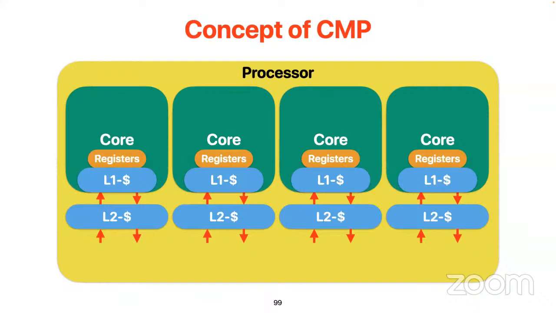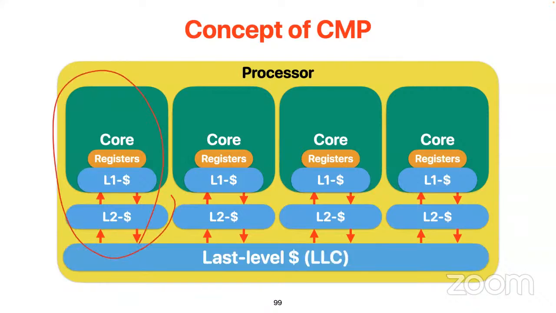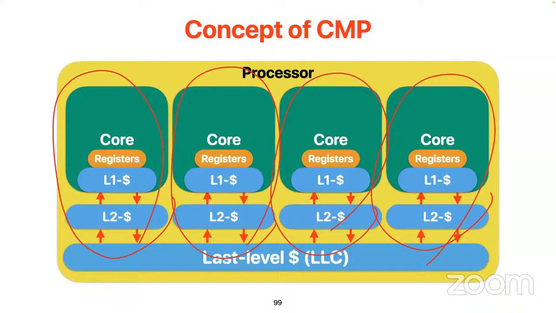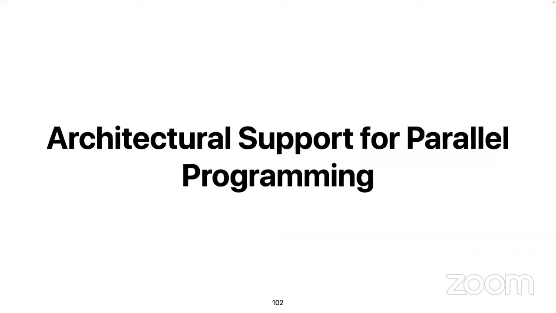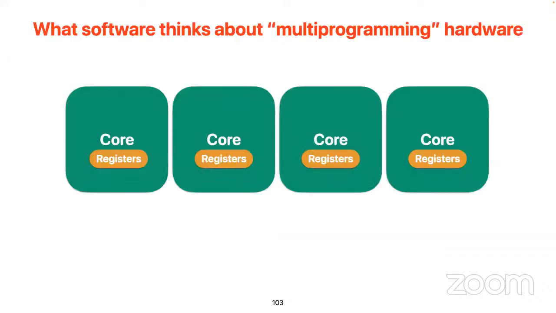The concept of chip multiprocessor is that we duplicate the processor core and connect them to a shared cache. These two architectures both have their own strengths and disadvantages, so you have to think carefully about which one is better. Another important thing to remember is that both architectures cannot work without software taking advantage of the fact that you have multiple concurrent hardware units that can be put into execution.